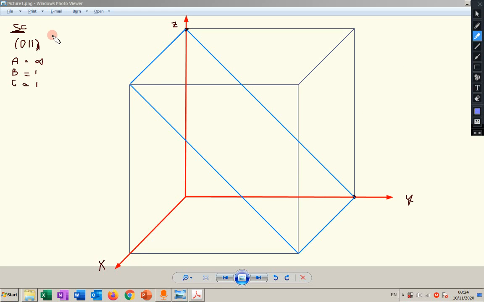Now, we know that in simple cubic we have an atom at each corner. Now I'm going to show the possibilities.